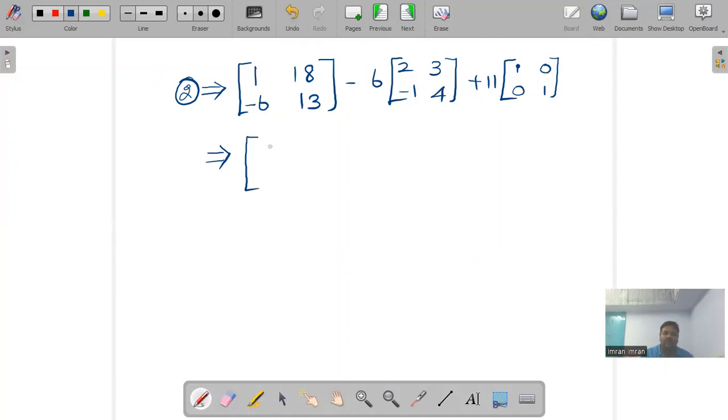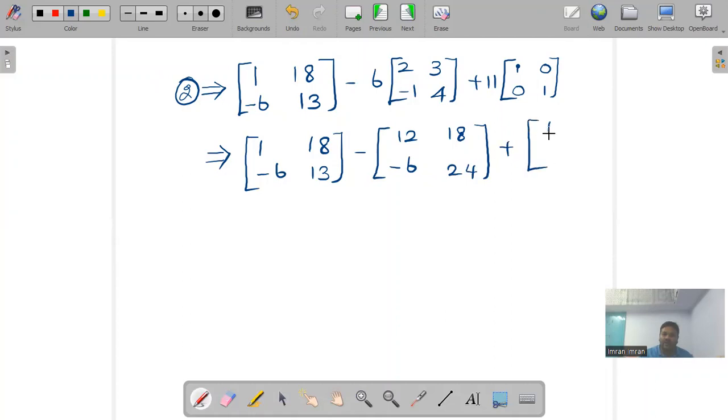Now simplify this equation. 6 into 2, 12. 6 3s are 18. 6 into minus 1, minus 6. 6 4s are 24. And 11 into I gives 11, 0, 0, 11.